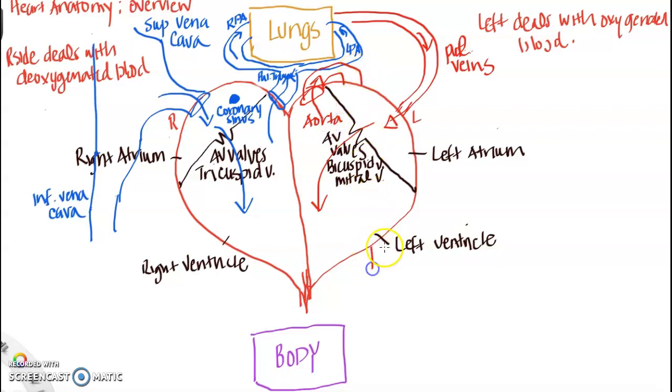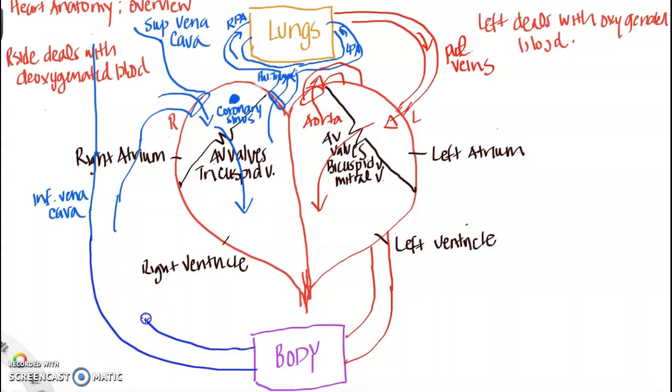And it goes around the heart and goes into a bunch of different arteries and is dispersed throughout the body. Once it goes through the body and gives away its oxygen and nutrients, then the blood goes back toward the heart through eventually the inferior and superior vena cava.